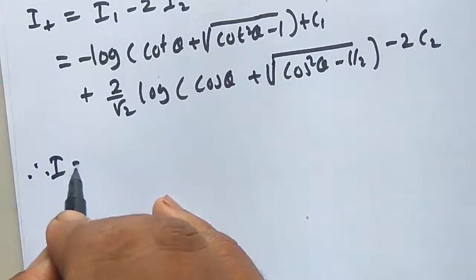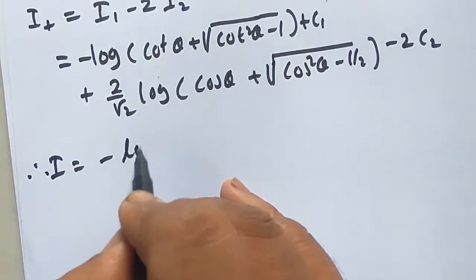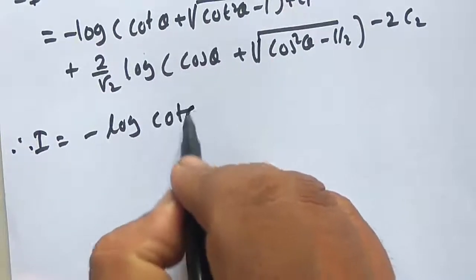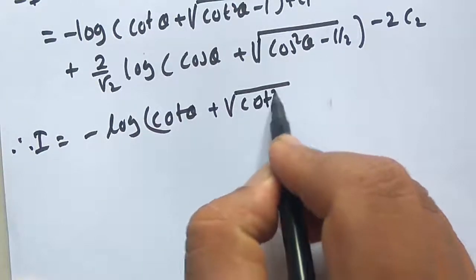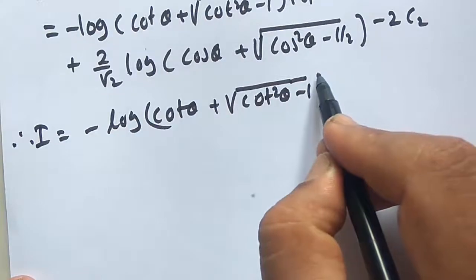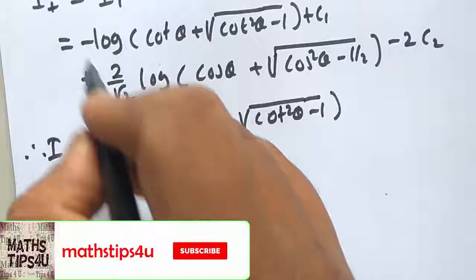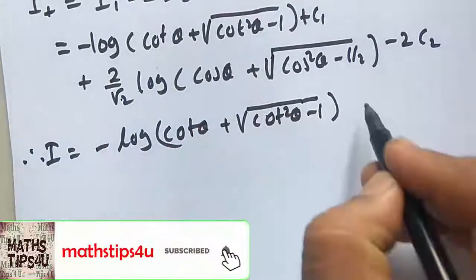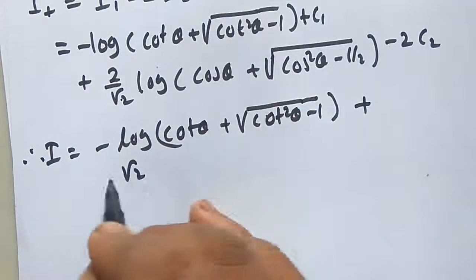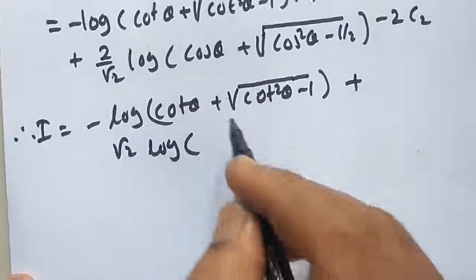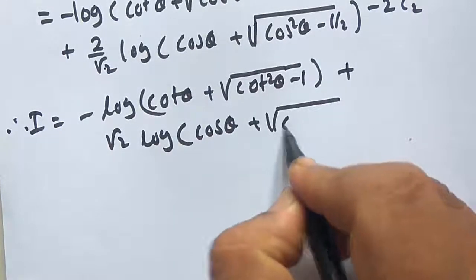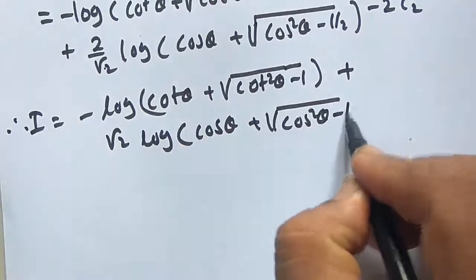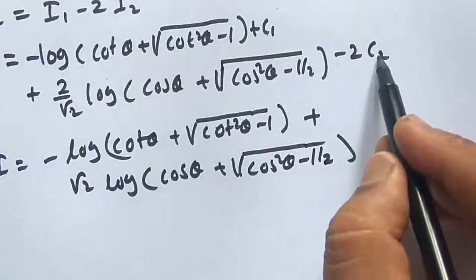Therefore I is equal to minus log of cot theta plus under root of cot square theta minus 1, and here 2 upon root 2 becomes root 2, log of cos theta plus under root of cos square theta minus 1 half, bracket complete, plus C1 minus 2 times C2.